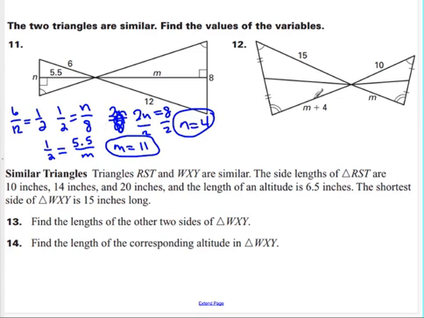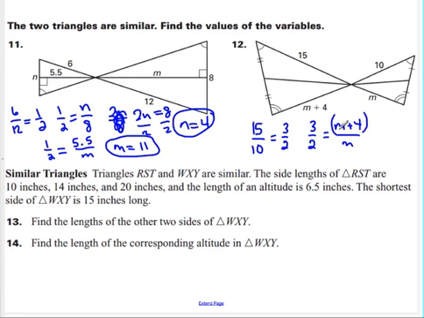This problem over here is a little bit more complicated. Again, we'll find our ratio of side lengths. This would be 15 over 10, which simplifies to 3/2. 3/2 becomes my scale factor, so I can compare other side lengths using it. The tough part is that the m plus 4 needs to stay together.